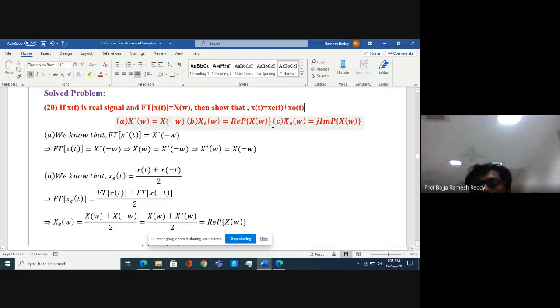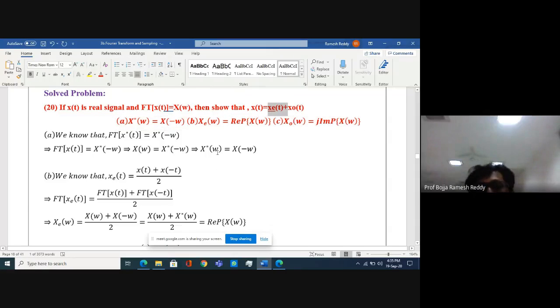Any signal can be written as even part plus odd part. Now the frequency domain of xe of t is nothing but capital Xe of omega. Similarly, Fourier transform of xo of t is nothing but Xo of omega.